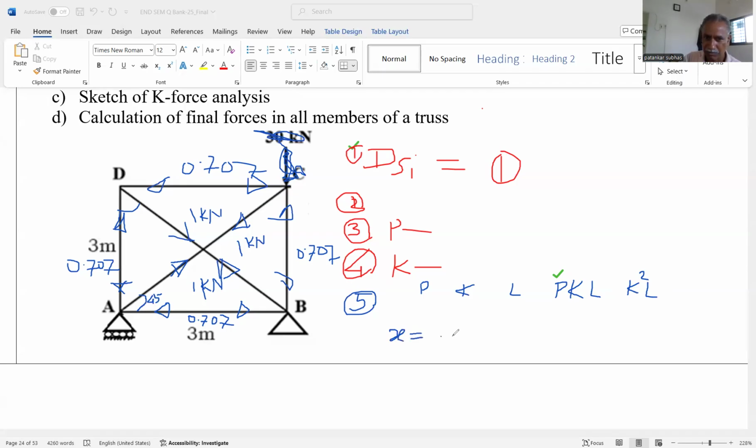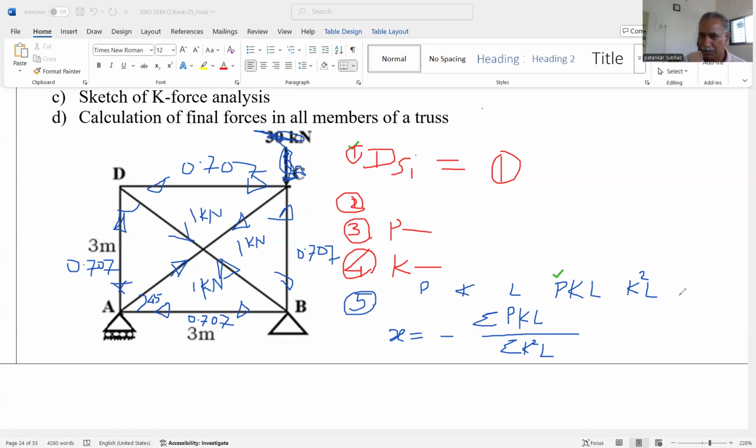That is equal to minus sign summation of PKL divided by summation of K square L, because the value of A and E is the same. That's why it will vanish. So PKL divided by E, and summation of K square L divided by E, we get summation PKL divided by summation K square L. This is the correction factor.